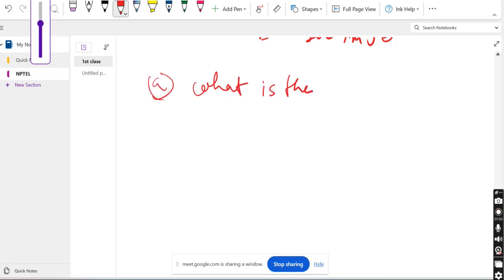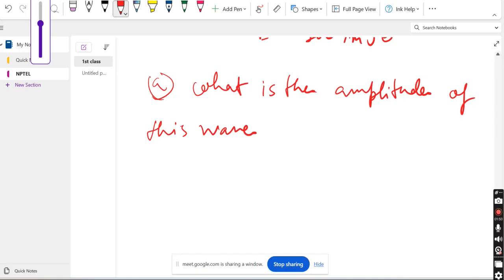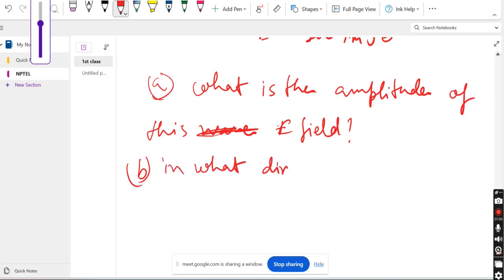What is the amplitude of this relation of z? In what direction does the wave travel?